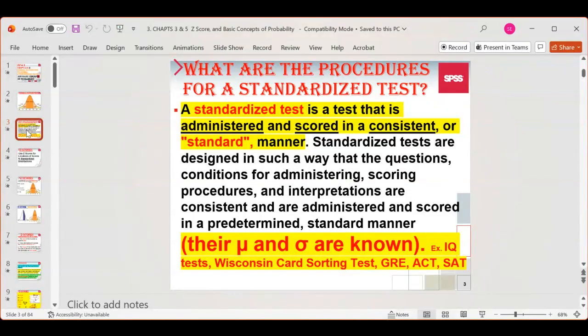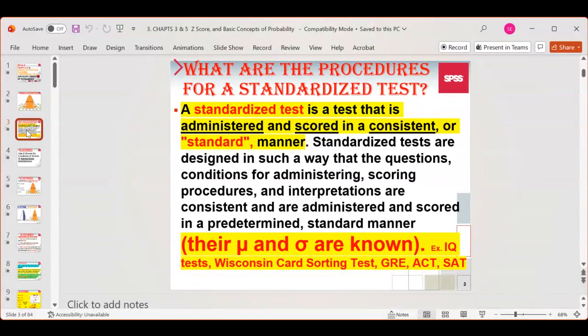That means wherever you go, if you use a commercial IQ test, the mean should be 100 and the standard deviation should be 15.